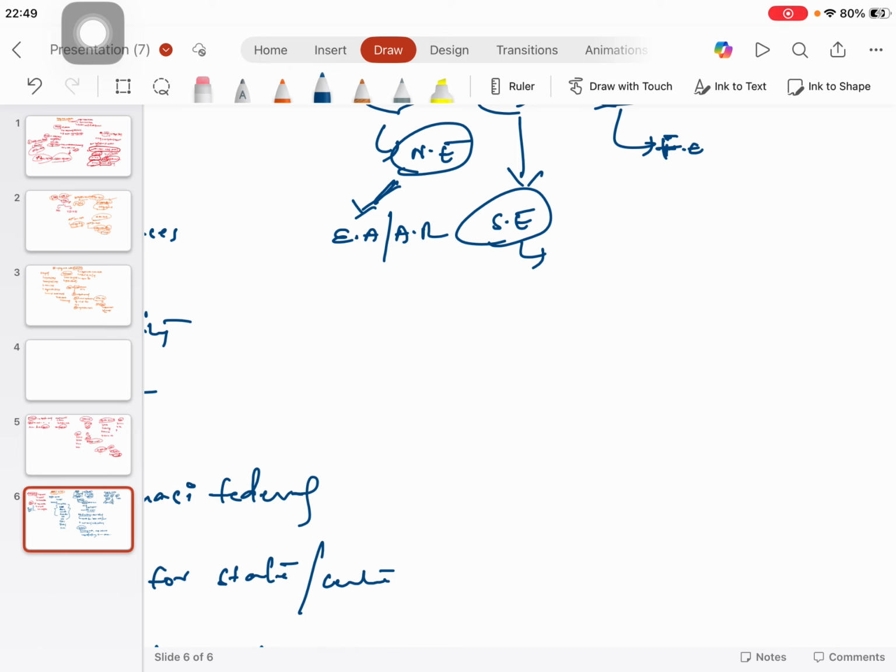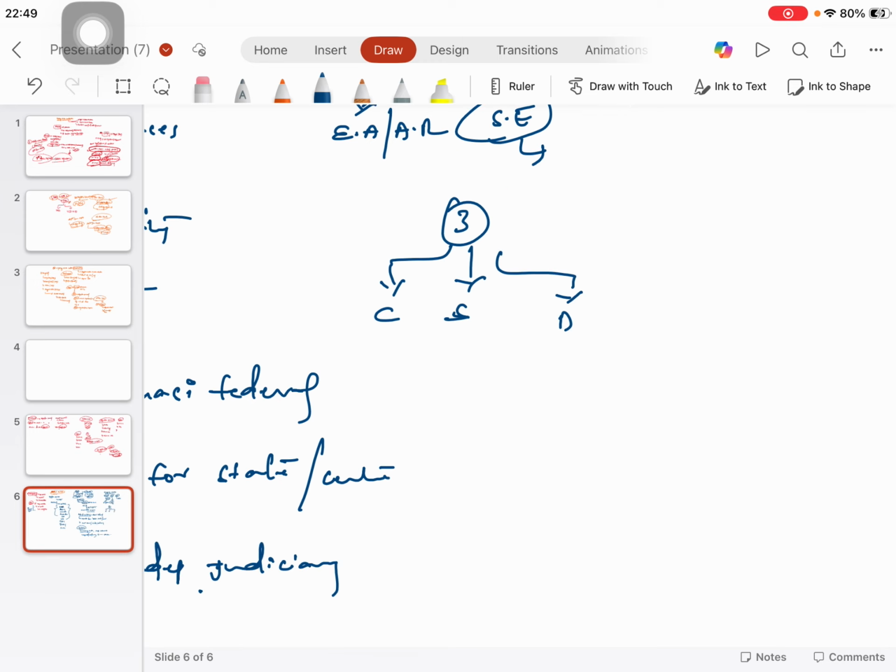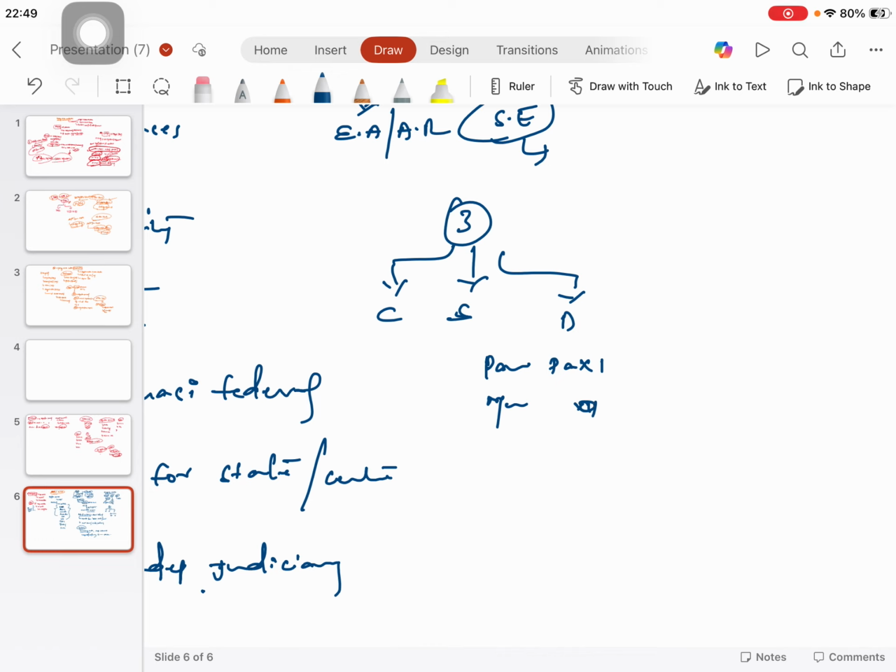India has an independent, integrated judicial system: Supreme Court, High Court, District Court, and it has three-tier government: center, state, district. We also say local government. We have panchayat and municipality, which are mentioned in schedule 11 and schedule 12, part 9 and part 9A.